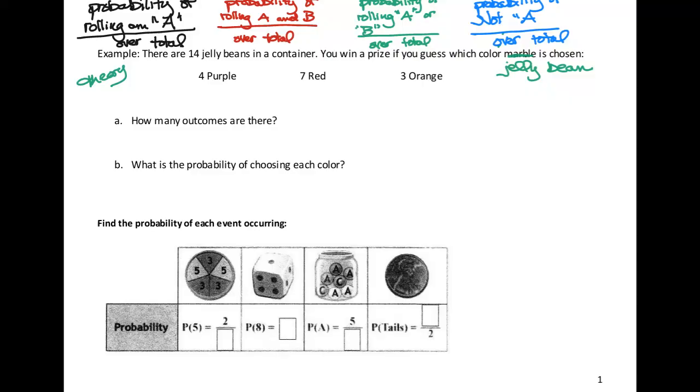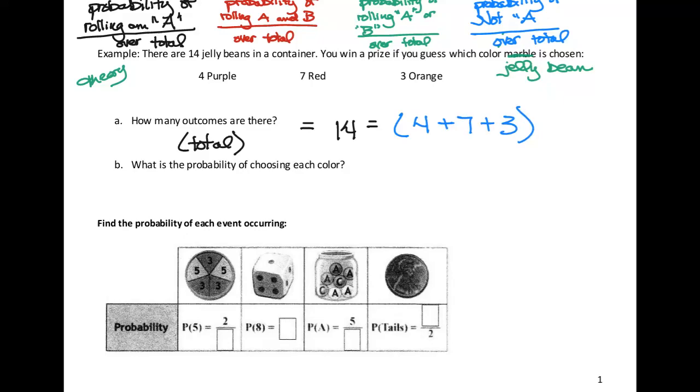Meaning, how many total jelly beans do I have? 14. Okay? Outcomes means total. So you have 14, which is the sum of 4 plus 7 plus 3.